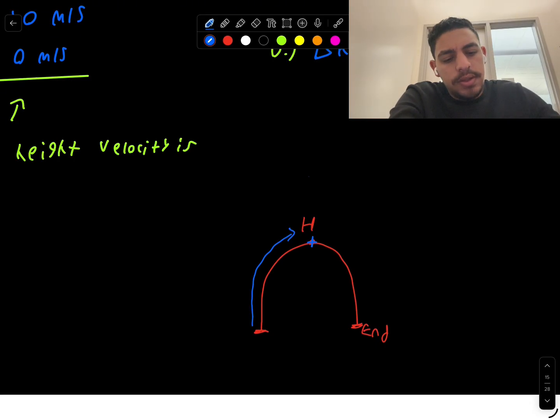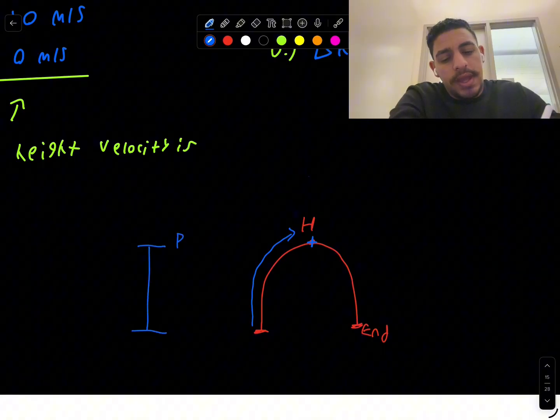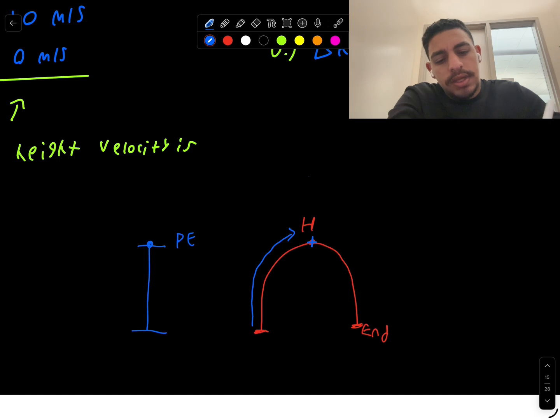What's happening is there's motion happening here, right? But remember, for any object, potential energy is the highest at the maximum point, right? And it's lowest at this point right here. And so since we're at max height, potential energy has to be the highest there. Kinetic energy is the lowest.